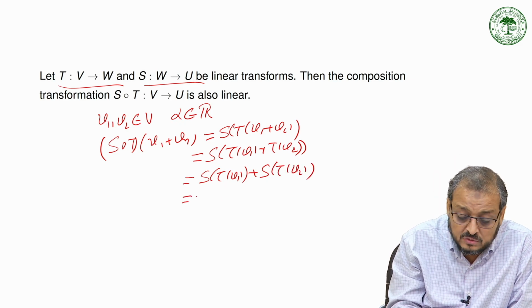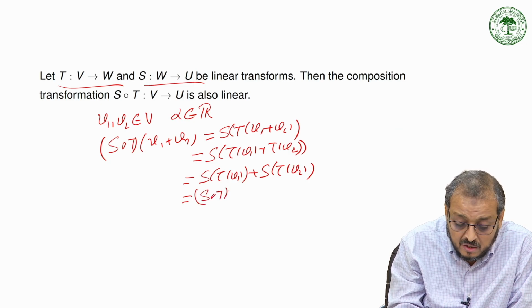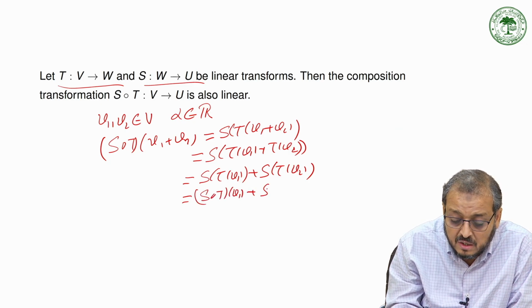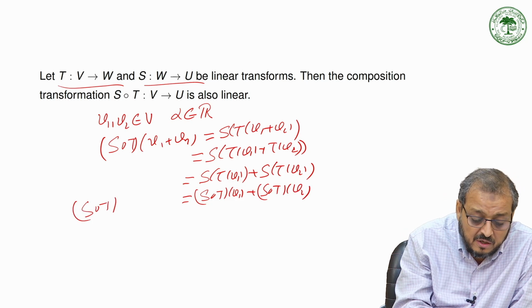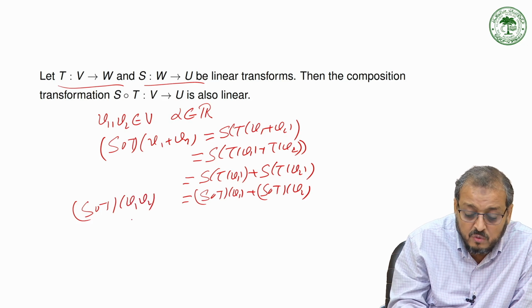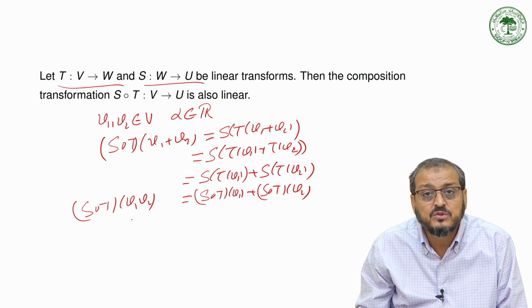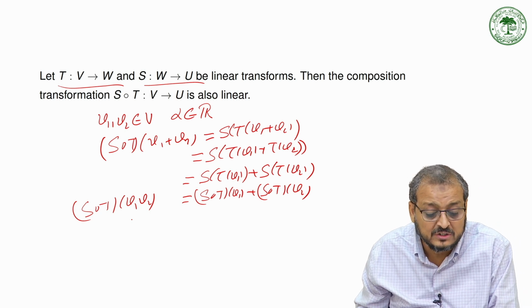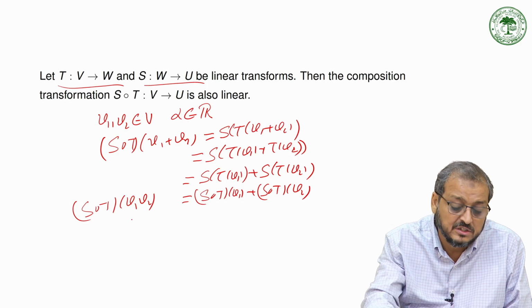Again using the definition of the composition map, S composition T over V1 plus S composition T over V2. So this means S composition T of V1 plus V2 is the same as S composition T of V1 plus S composition T of V2. So the first condition, additivity, is satisfied.